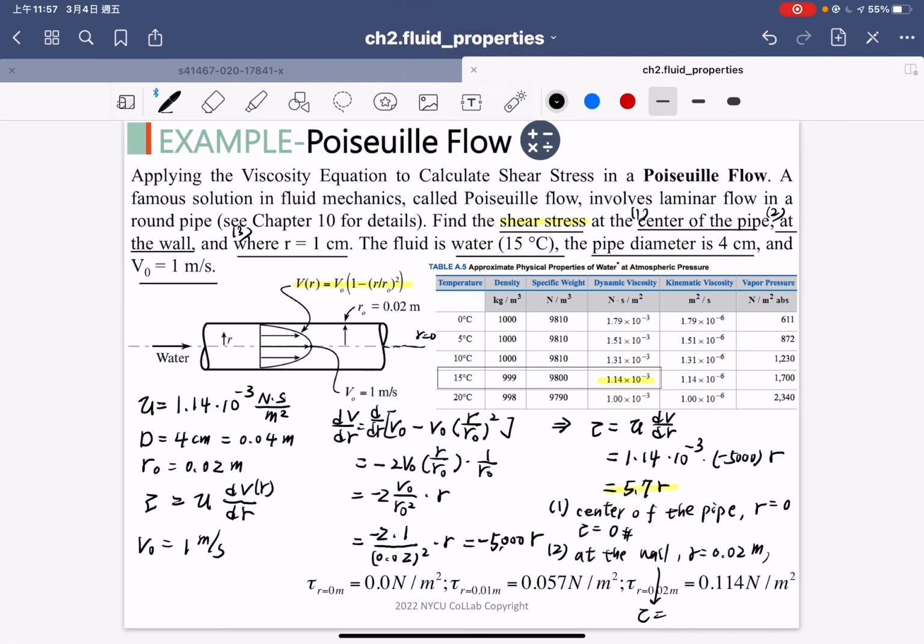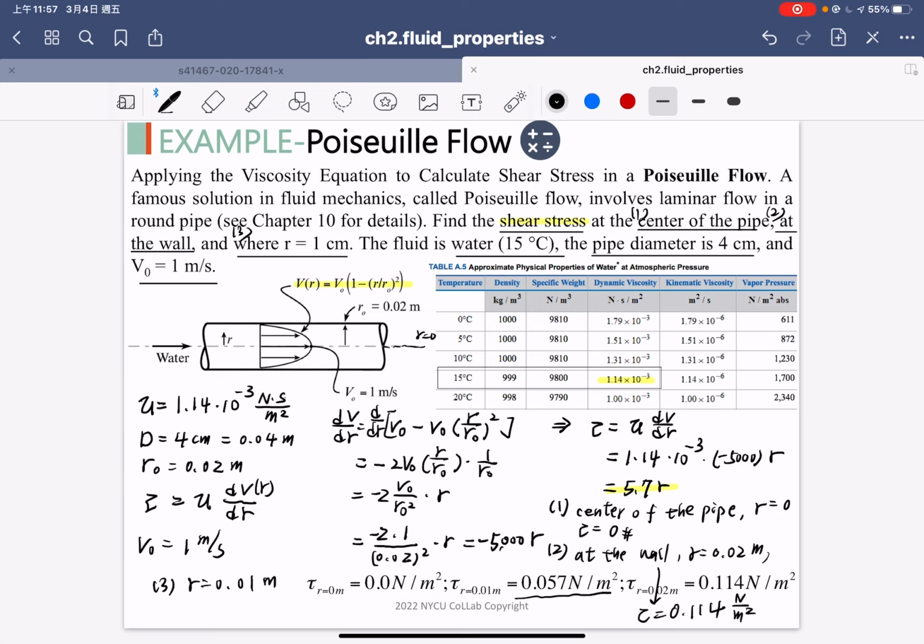Tau is equal to 0.114, and the unit is Newton per meter square. And the final one, the 3, is R equal to 0.01. You can compute it by yourself. So the answer is quite simple in here.